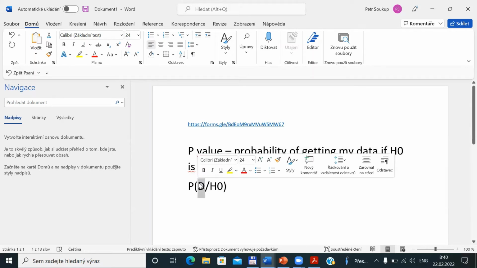Only the null hypothesis is somewhere behind the scene, if the null hypothesis is true. So the p-value is not the probability of the null hypothesis. It is also not the probability of the alternative hypothesis or any other hypothesis I can imagine. It is not the probability of any hypothesis. That's necessary to mention at the beginning.